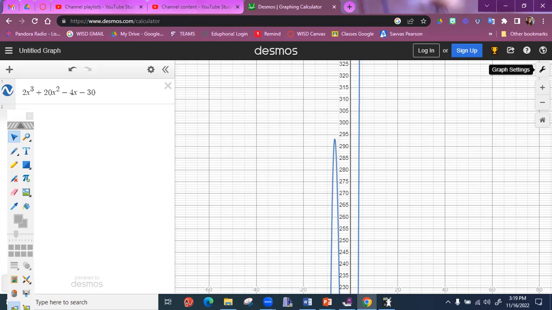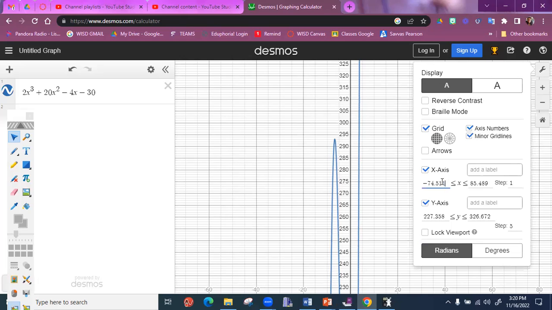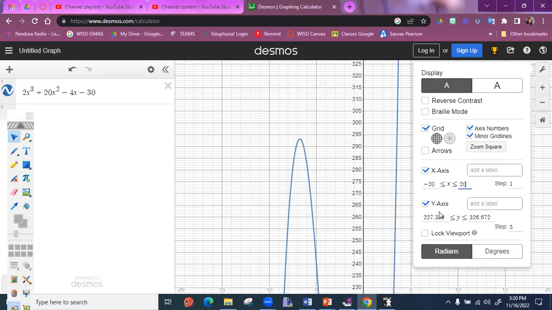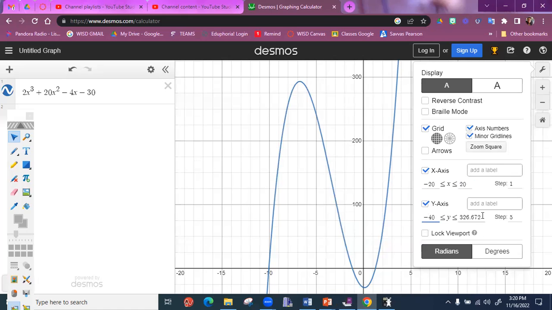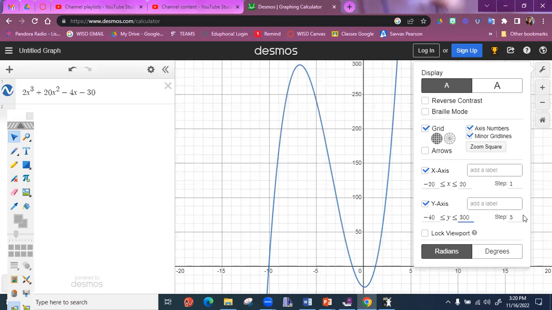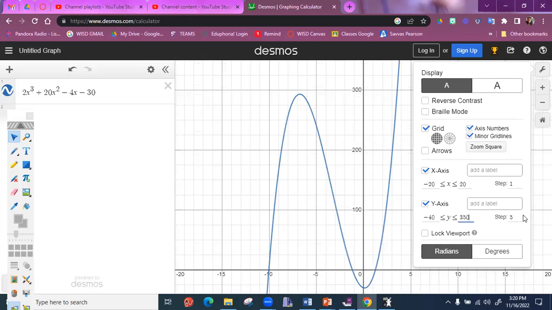To change it, I'm going to use the tool button here, and I'm going to put in the values I set. I said negative 20 to 20. And then I said negative 40 to 300. I could go a little higher. Let me do 350.